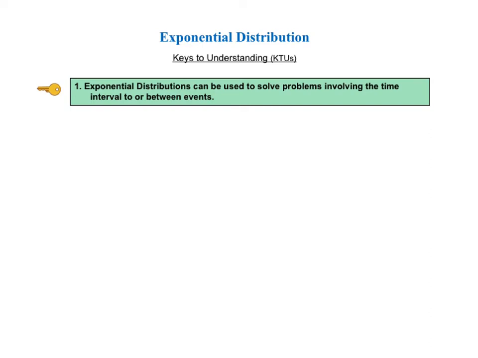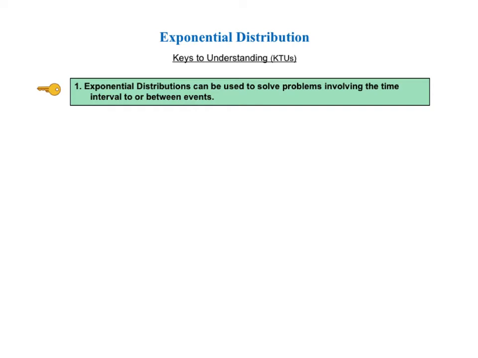As usual in the book and in these videos, we'll start by going quickly through a list of keys to understanding, or KTUs. This is to give you the overall picture of the concept on one page. And then we'll go into detailed explanation of each of the keys. For this video, there are 5 KTUs.